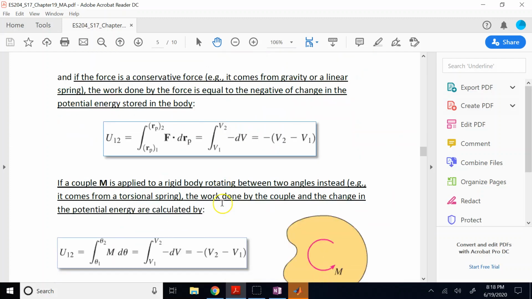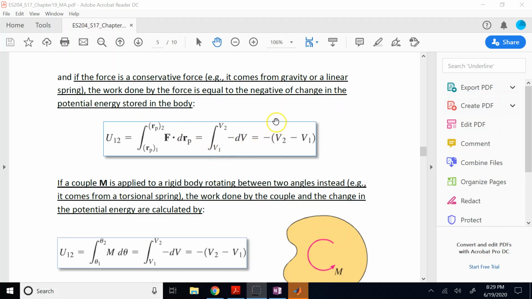Okay, and then we come to the conservative forces and the work they do and the way that we define potential energy. The change in potential energy was defined as the negative of the work done by conservative forces. The same definition applies here. No difference.